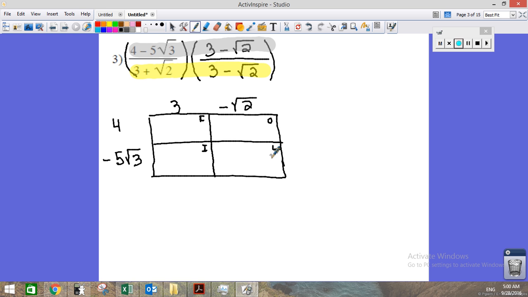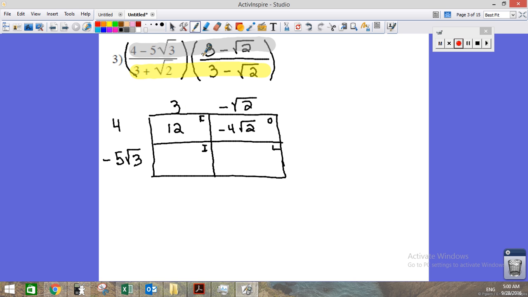We're multiplying these together. So if we multiply the 4 times 3, the first terms of each binomial, we get 12. If we multiply the outside terms, the terms that are far away from the middle, the 4 times the negative 2, we get negative 4 radical 2.